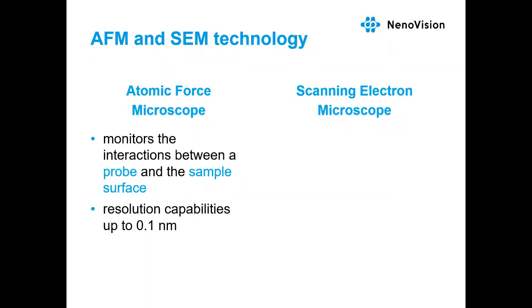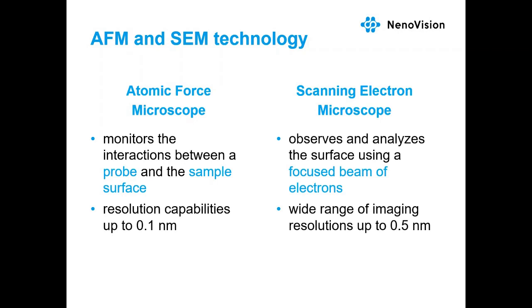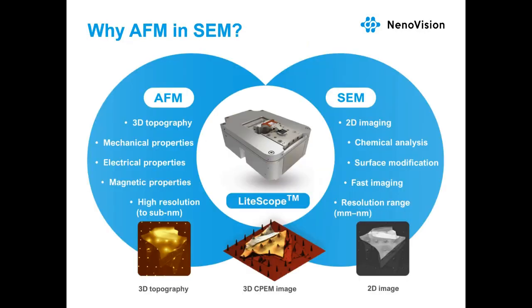On the other hand, electron microscopy is based on the interaction of a focused beam of electrons with the sample. So with AFM, I'm talking about touching. With SEM, I'm talking more about looking or analyzing by watching. And so to combine and integrate AFM together with the SEM, we are trying to take the best from both of them, from the touching and from the watching.